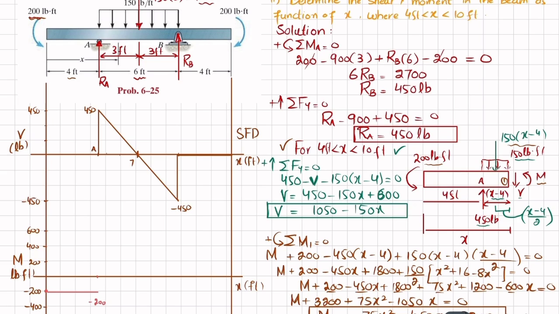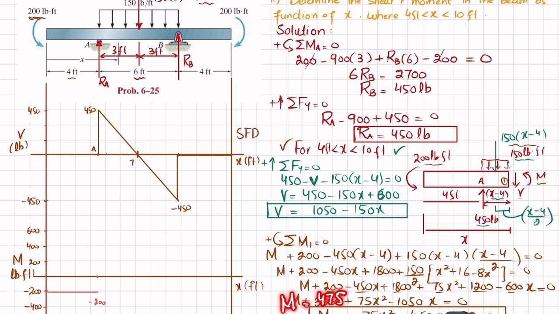Now you can see that this is the equation of moment. Clear? So at x is equal to 7, because here shear force is 0, the bending moment will be maximum. So this is x. So put x is equal to 7 in this equation, so you will get moment equal to 475.